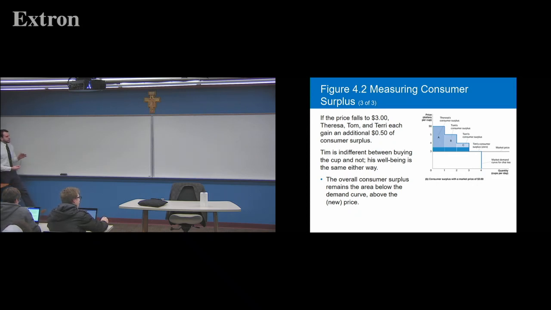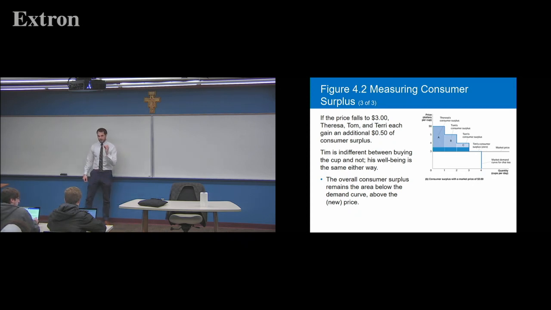So now if the price falls to $3, so they drop it by 50 cents, Teresa, Tom, and Terry each gain 50 cents of consumer surplus. Because it's 50 cents cheaper, they get 50 cents more benefit from it. Tim is going to be indifferent between buying the cup and not buying the cup.